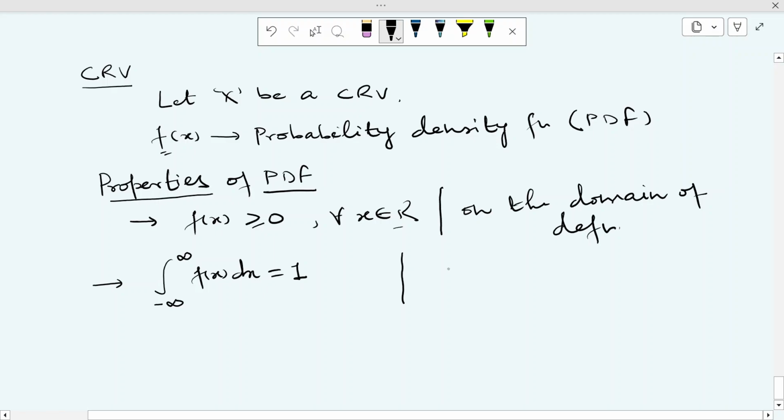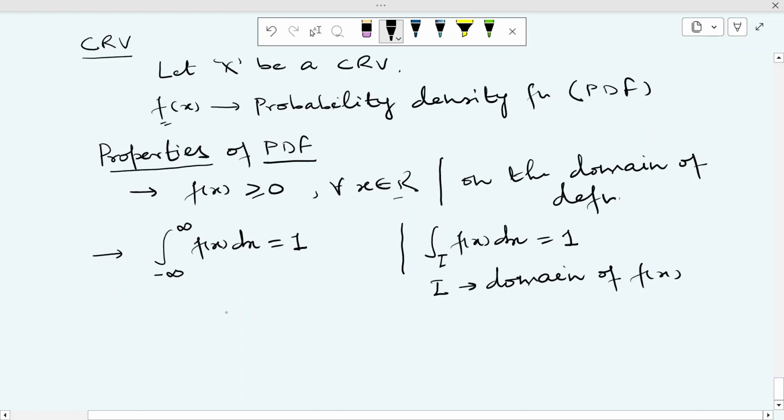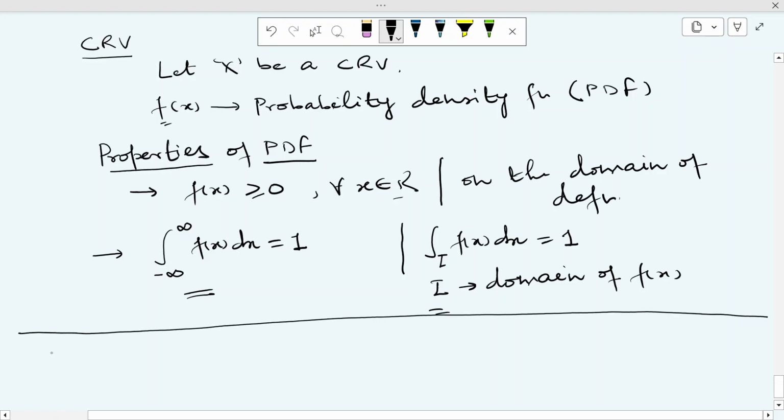We have to consider this integral over the interval I on which this f(x) is defined, so here I is the domain of f(x), or you can say the PDF. These two very important properties help us to identify whether a given function is a PDF or not.